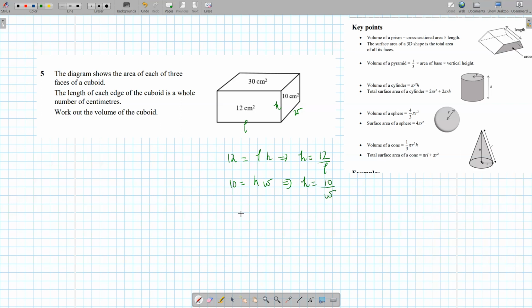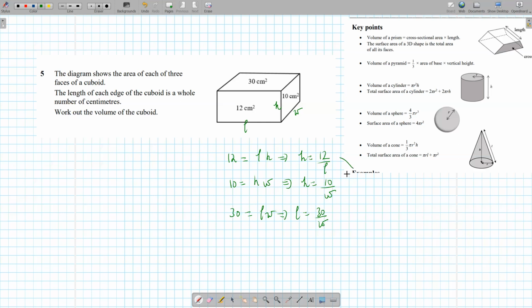What about from the top equation? What's 30 equal to? W times L. Yes, LW, okay? So L is 30 over W. All right, write everything in terms of its equation and isolate for one of them.